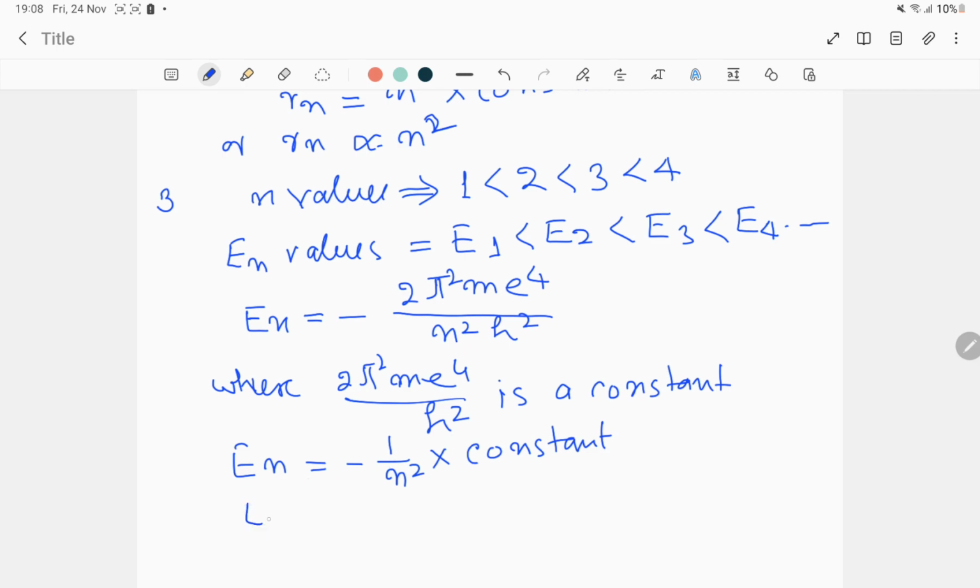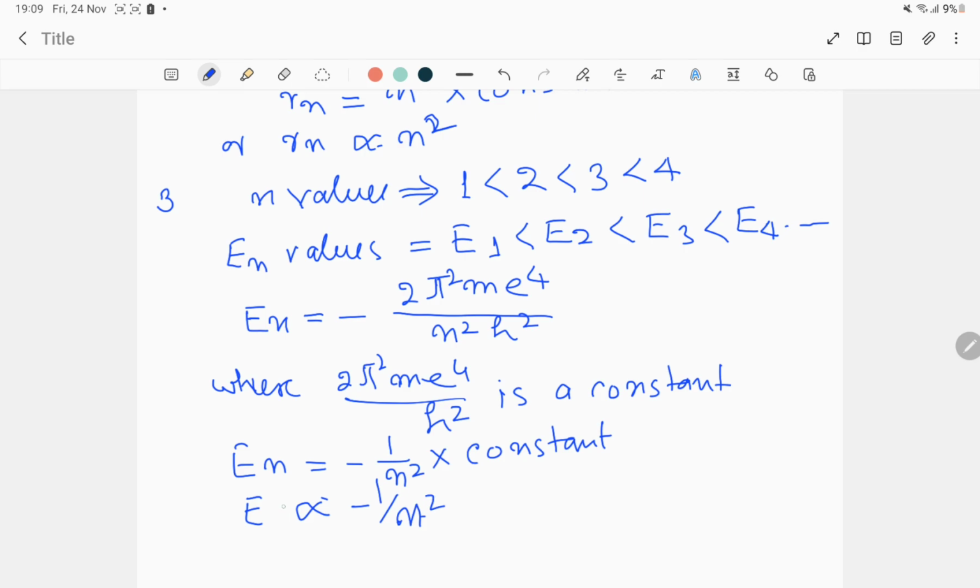Or En is directly proportional to minus 1 by n square.